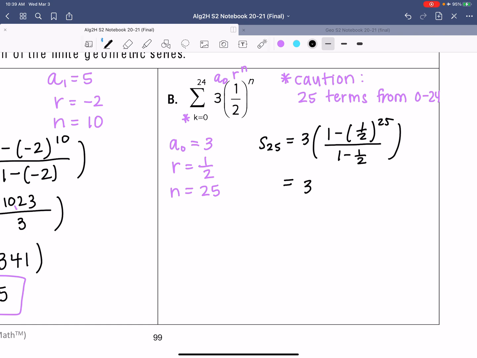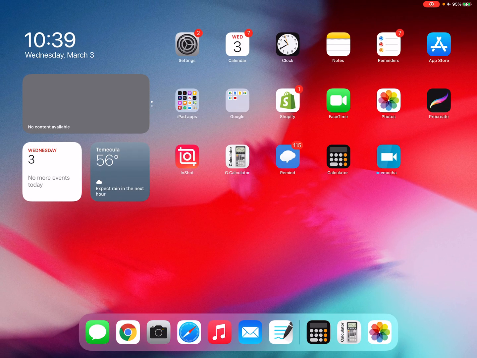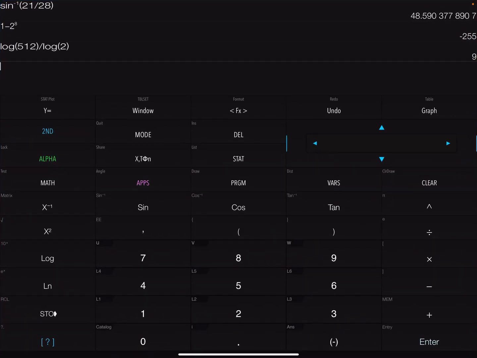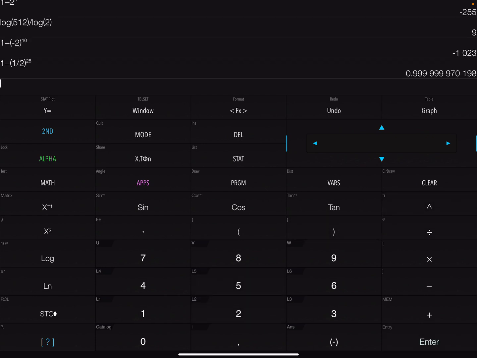So we're going to have 3 times 1 minus 1/2 to the 25th power. So on the calculator, 1 minus 1/2, using parentheses, to the 25th power is 0.999999, lots of 9s.